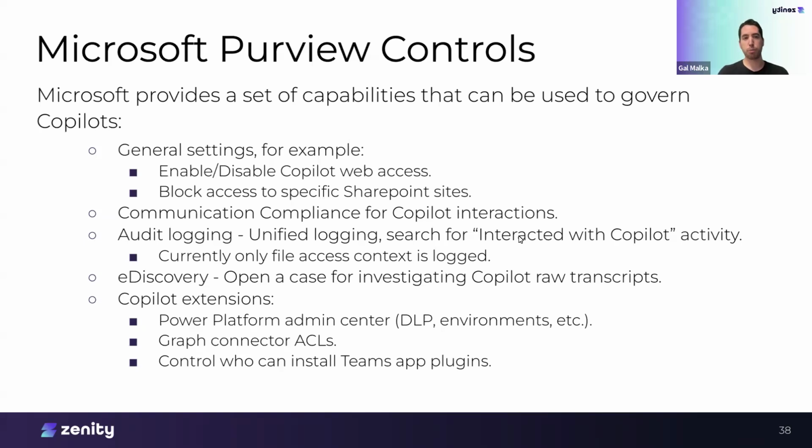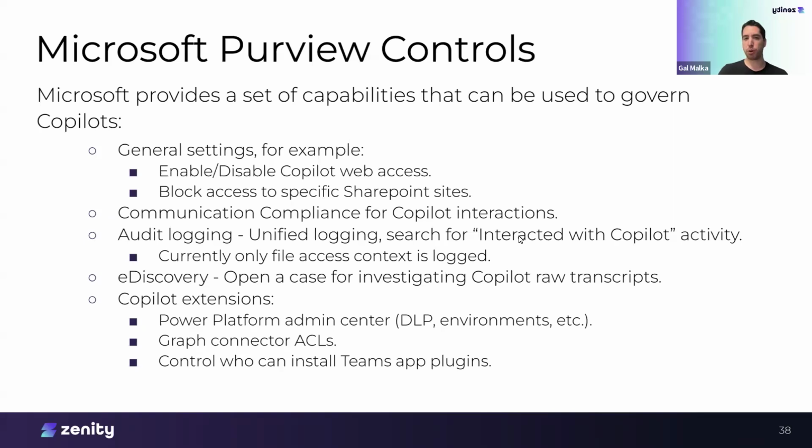We can decide to completely block access to some very sensitive SharePoint sites, for example. It's just important to say here that you wouldn't want to do it for too many sites, otherwise you lose Copilot value. We have some communication compliance policies we can set up to block or suspend some interactions based on keywords or pre-trained models by Microsoft.